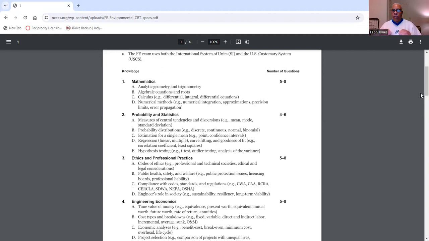Because one thing that you must understand when you take this examination, conversion factors can throw the whole problem off. This is why some things you need to memorize, because you might not have time to go into that book.